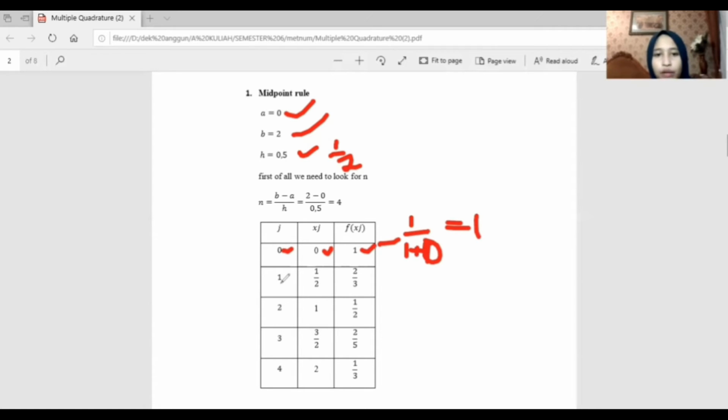Then when j is 1, xj is 1 over 2, and the function of xj is 2 over 3. And you can also search this table until n is 4 by yourself.